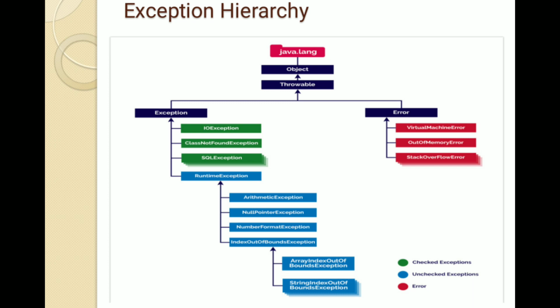And errors, what are errors and how can we handle them? Errors are not handled by us. We cannot handle the errors. Errors are the mistakes that cannot be handled in the Java programming language. What kind of errors can we not handle? Virtual machine error, out of memory error, and stack overflow error.